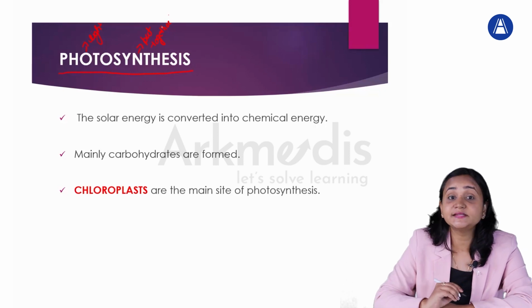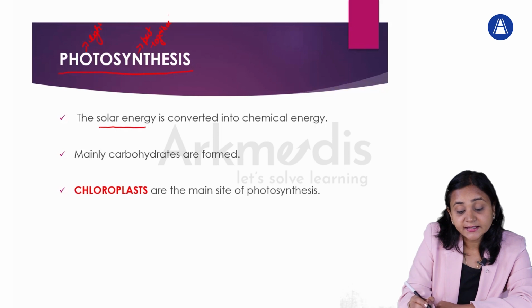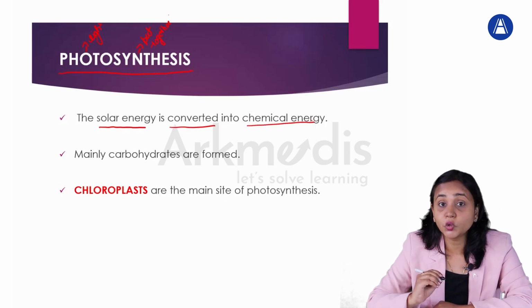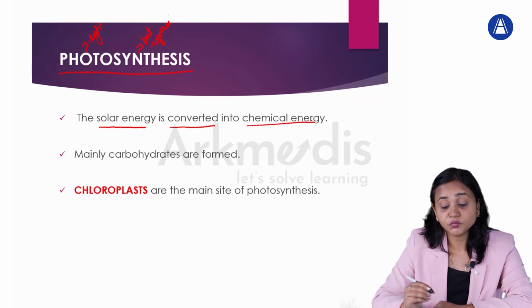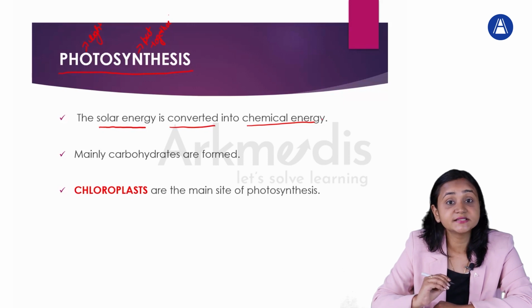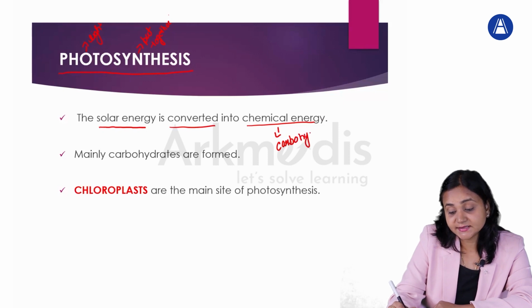Now, what happens in photosynthesis? The solar energy from the sun is converted into chemical energy. And what is this chemical energy? It is the carbohydrate that is synthesized.